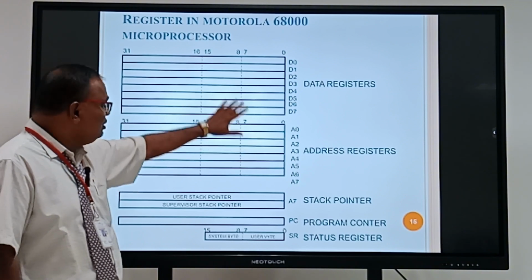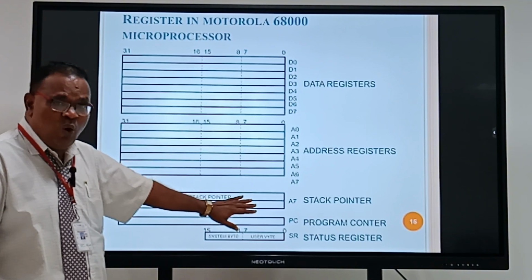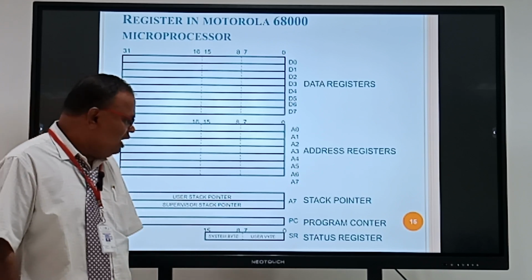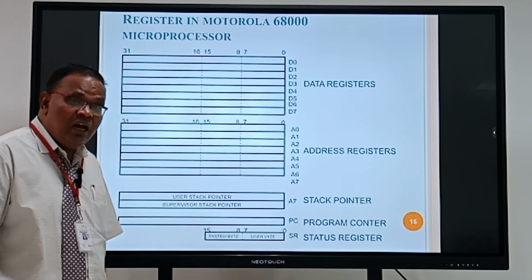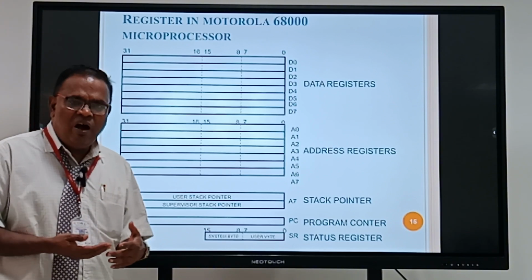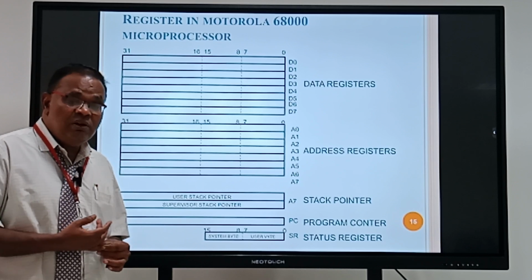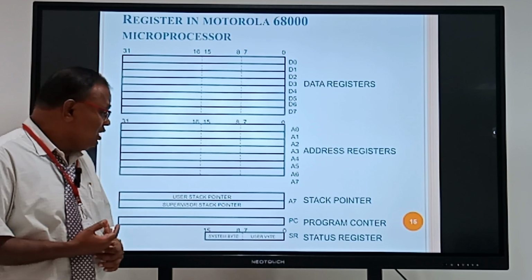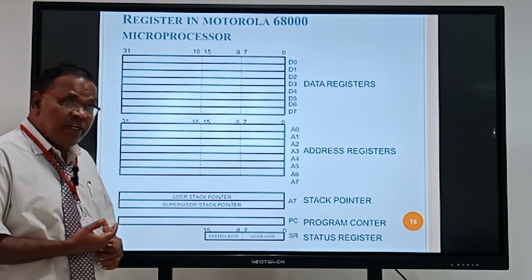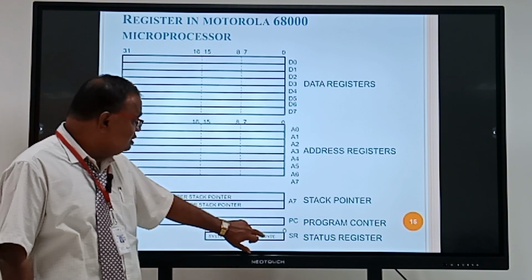This is unidirectional, this is bidirectional. The stack pointer is used to hold data and to read and write on the given registers. The program counter is incremented or decremented depending upon push and pop conditions.